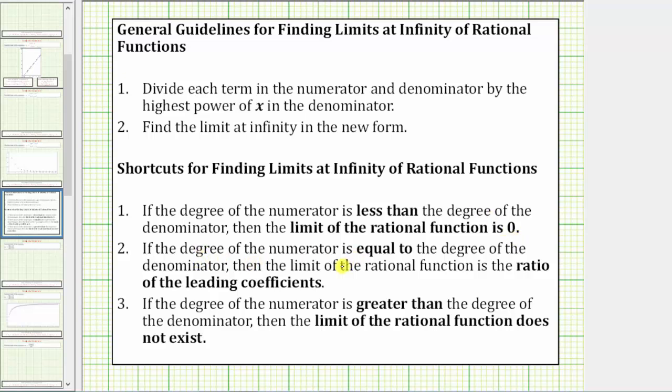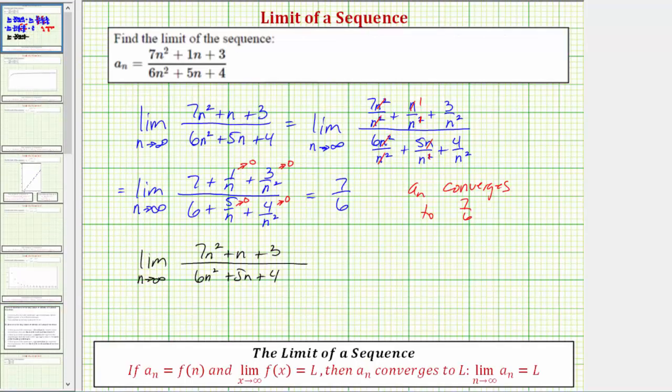If the degree of the numerator and denominator are equal, the limit is equal to the ratio of the leading coefficients, and if the degree of the numerator is greater than the degree of the denominator, the limit does not exist. Notice how the degree of the numerator is 2 and the degree of the denominator is 2, so because the degrees are equal, this limit is equal to the ratio of the leading coefficients, which would be 7/6.